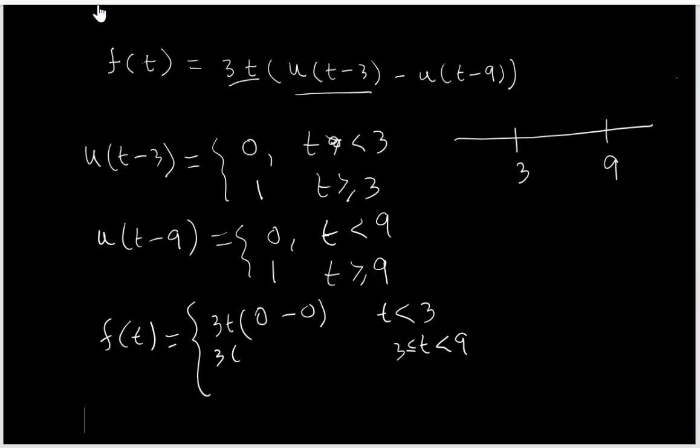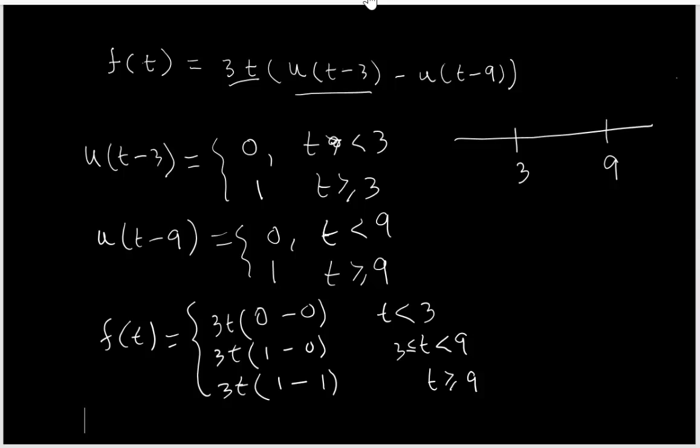So what happens in this case, let me put 3t. Now we see t is greater than or equal to 3, so this is 1, minus, when t is less than 9, u(t - 9) is 0. And then the next part is t greater or equal to 9. When t is greater or equal to 9, we can see it is 1 here, and t greater or equal to 3 is also 1 here, so 1 minus 1.